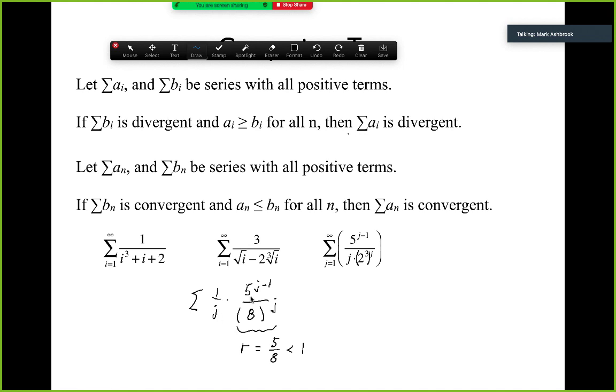So this is going to make all my terms of my geometric series smaller. And this geometric series converges. Therefore, it converges by comparison to a geometric series with r equals 5/8.